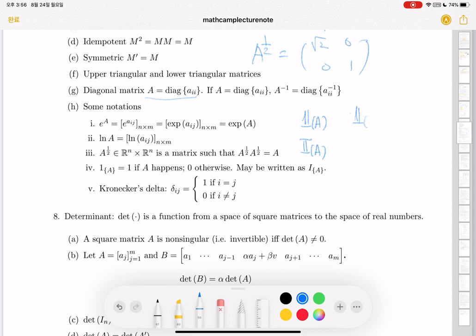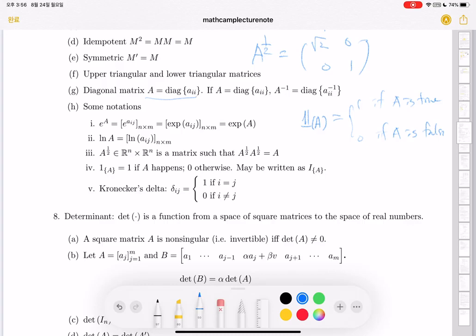Okay. So 1a means it's a function. An indicator function has two values. It's either 1 or 0. And when does this become 1? It is 1 if a is true, and 0 if a is false.